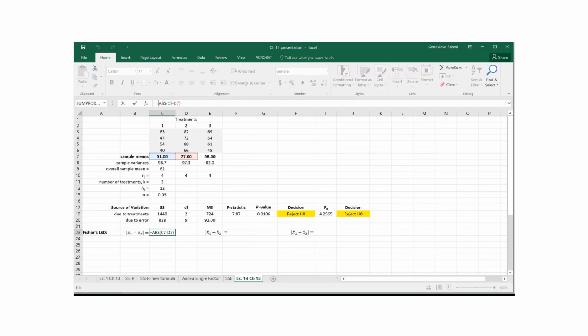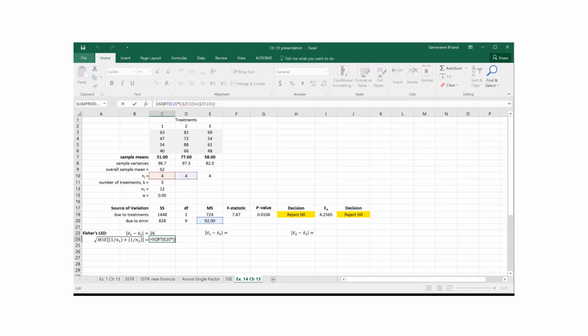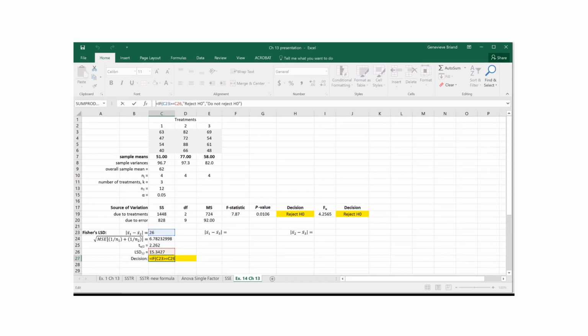Back to our Excel worksheet, we take the absolute value of the difference between the first two means. We compute our standard error, our critical t-value, and we can deduce the value of our LSD term. Finally, we are ready to use our critical value approach to decide whether or not to reject H0.